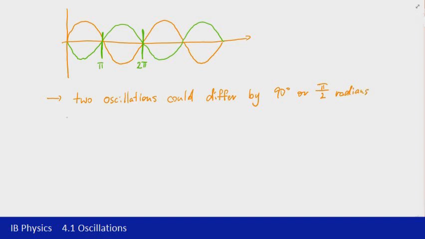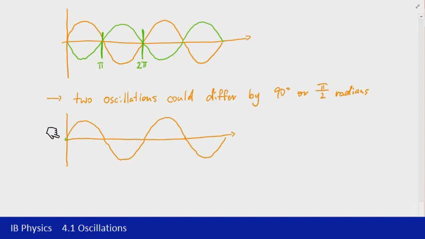What that means is that we have a similar situation again. If we start out with this sine wave looking something like that, to have a phase difference of 90 degrees, it basically means that if this is where the starting point is for the first graph, 90 degrees or pi on 2 radians later would be this point here.